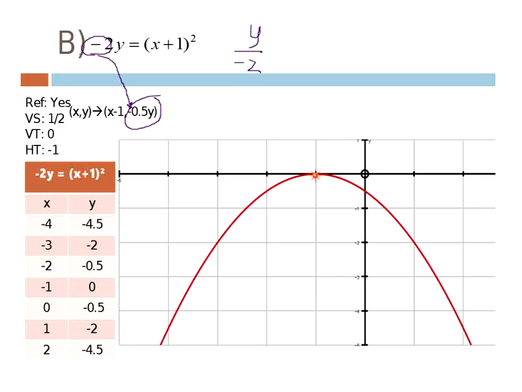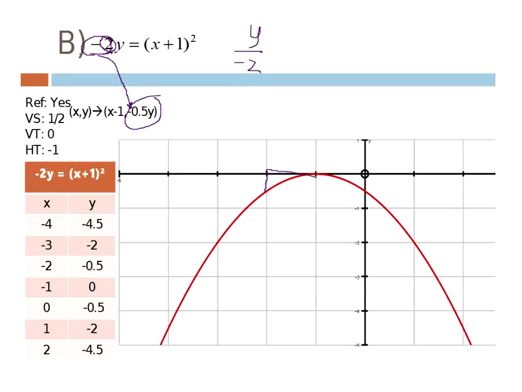So my vertex here is -1, 0. The graph now goes down, and so my pattern is over 1 from the vertex, over 1 down 1/2. That's down because it's reflected. It's 1/2 because, again, it's the vertical stretch times that 1 value. And my vertical stretch here is 1/2.